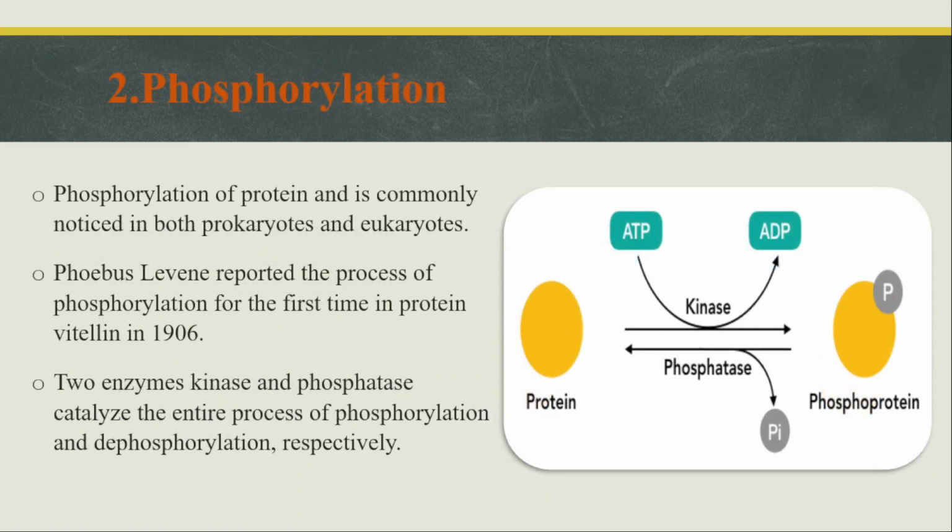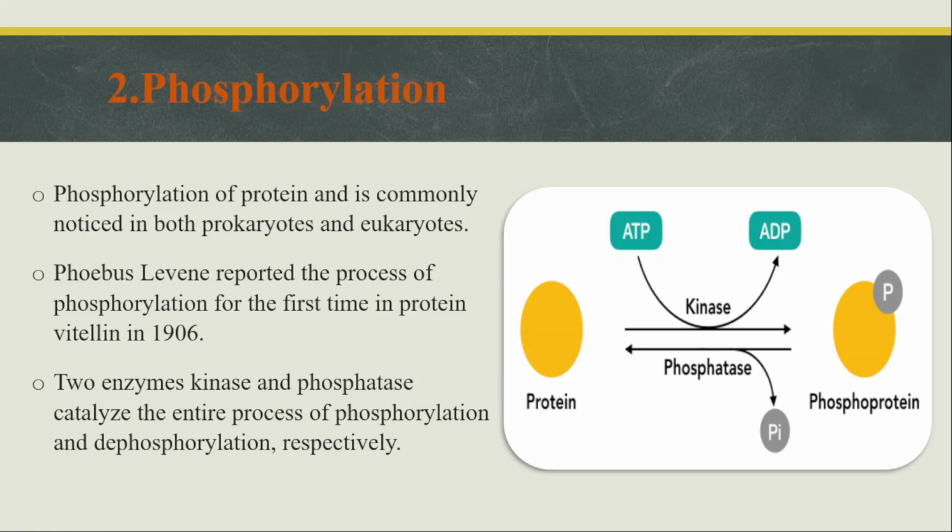Now we'll see about phosphorylation. It is also a kind of reversible post-translational modification. The most studied post-translational modification is the phosphorylation of proteins. It was reported by Phoebus Levene in the year 1906.